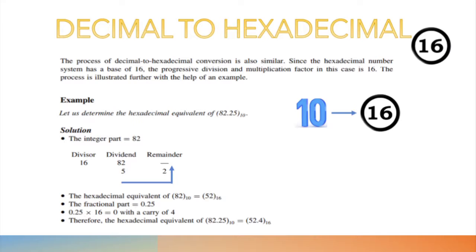That is, 0.4 is the hexadecimal equivalent of 0.25. So by combining both results, the hexadecimal equivalent of 82.25 to the base 10 will be equal to 52.4 to the base 16.